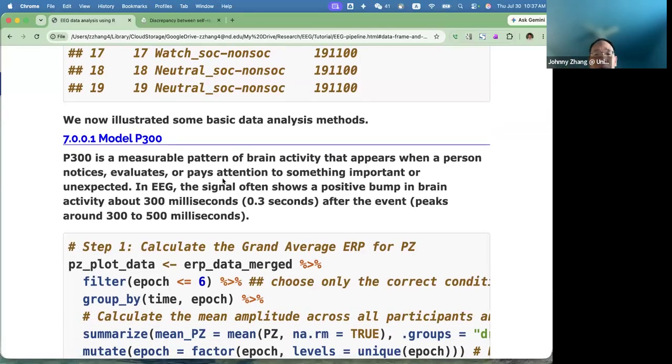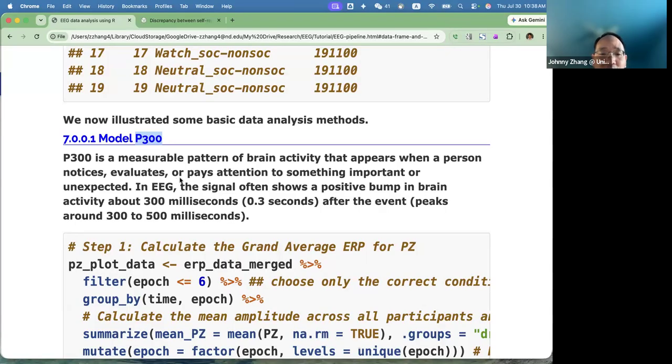Let's now do some basic analysis using some statistical models. I will show you how to do the data analysis based on P300. P300 is a well known pattern of brain activity. You can notice this when a person notices, evaluates, or pays attention to something important or unexpected. So this pattern is found in many different EEG studies.